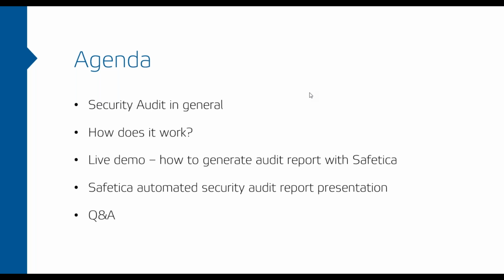We will also present the Safetica automated security audit report, where we will show you how the document looks, what the output and results are, what information you can see inside the document, how to work with security incidents, and the overview that will be automatically generated out of Safetica. And then, if we're lucky with the time, we will have time for questions and answers, as usual.